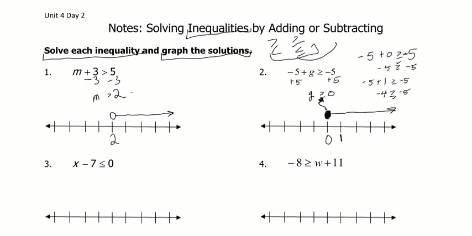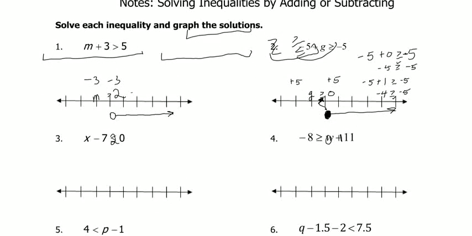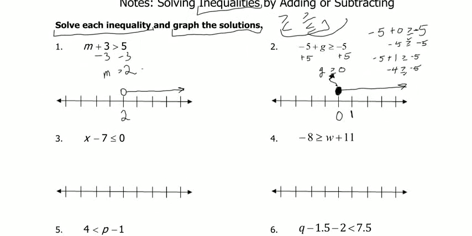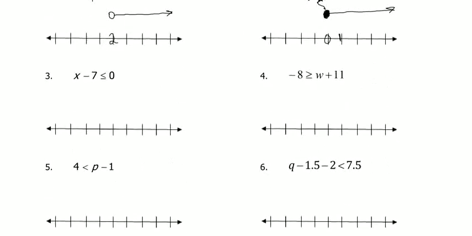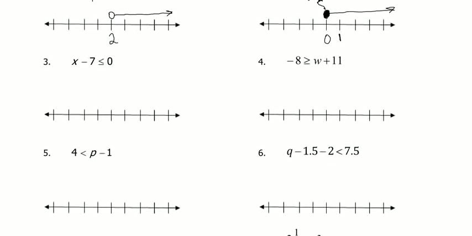We've got number 3. Whoa, everything moved. Alright. Okay then. So, on number 3, we're going to add 7 to both sides of this. That's going to leave me with x less than or equal to 7.